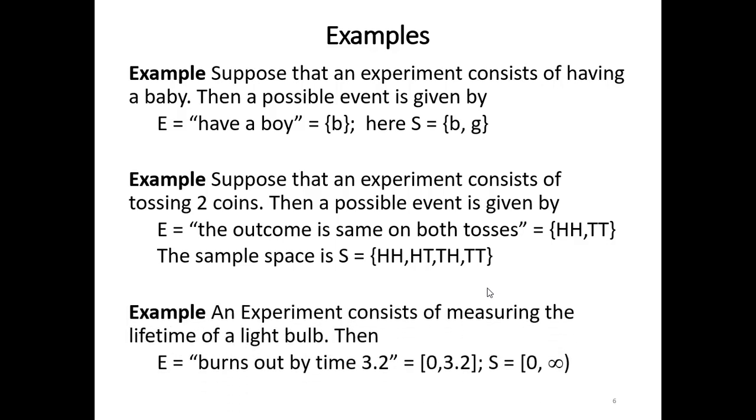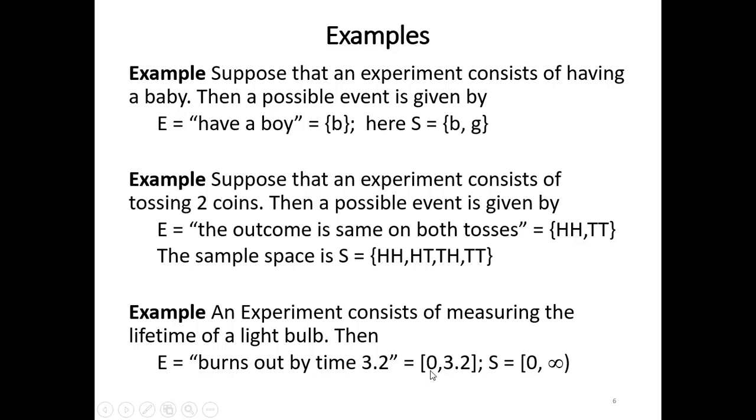Third example, let's say an experiment consists of measuring the lifetime of a light bulb. Then consider the event that the light bulb burns out by 3.2, suppose this is hours or some unit of time. So our sample space can be described using interval notation.